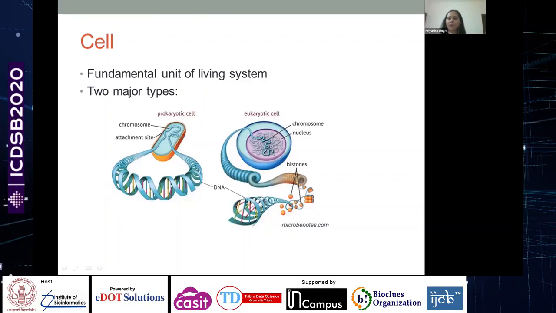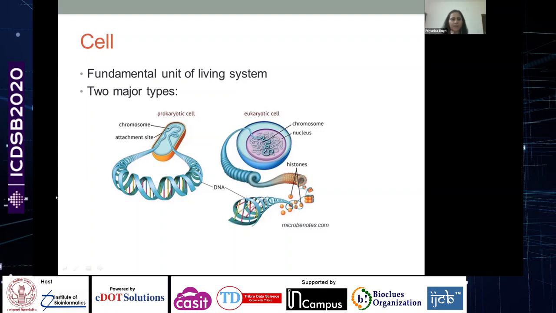The DNA in prokaryotes is circular, whereas in eukaryotes it's linear, and it is condensed with the help of packing proteins. There are different levels of packing of the DNA in eukaryotes. There are certain membrane-bound organelles present in eukaryotes, like mitochondria and endoplasmic reticulum, which are absent in prokaryotes.